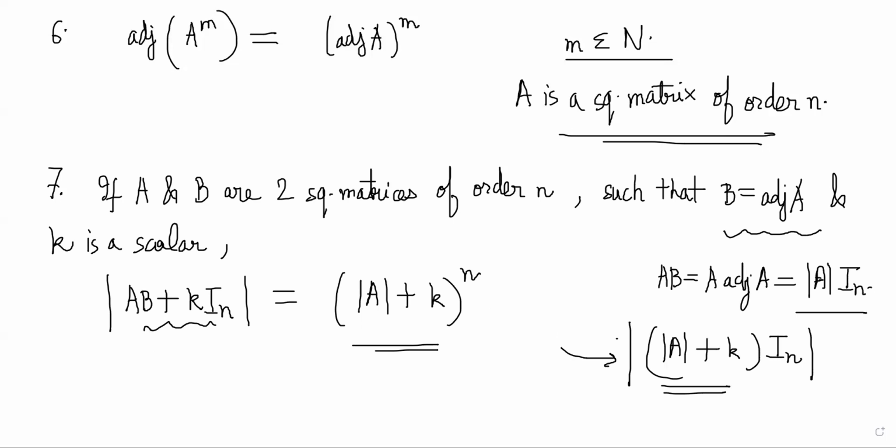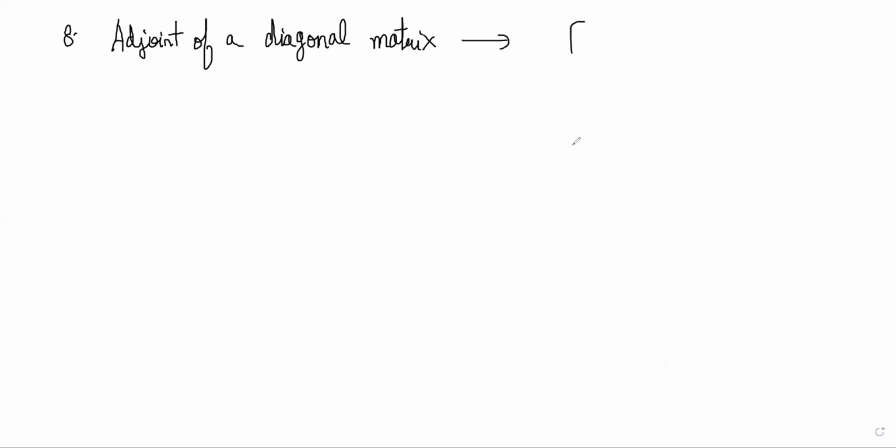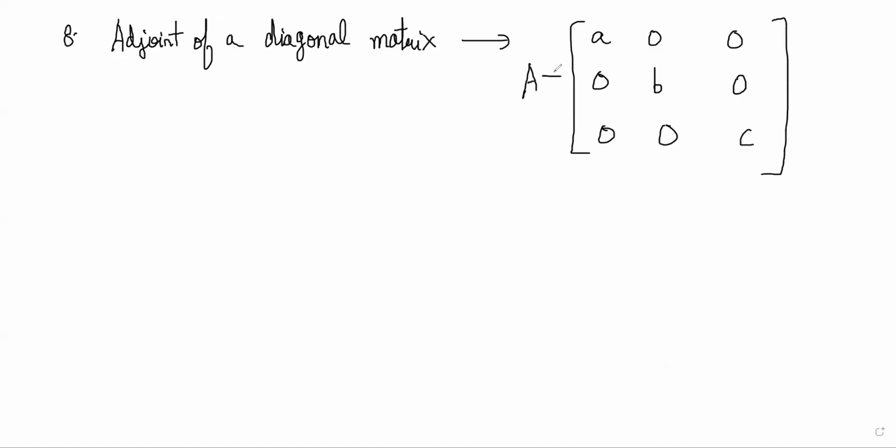Then the next property is a special case of adjoint of a diagonal matrix. Diagonal matrix is a matrix whose entries are only on the diagonals. This is my A. Then we can say that adjoint is also a diagonal matrix.